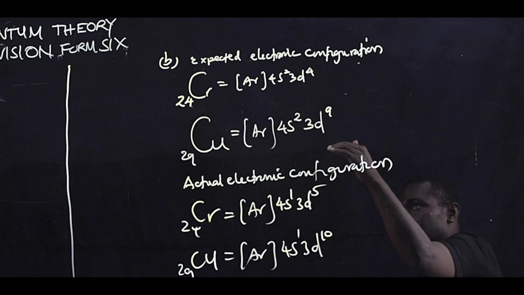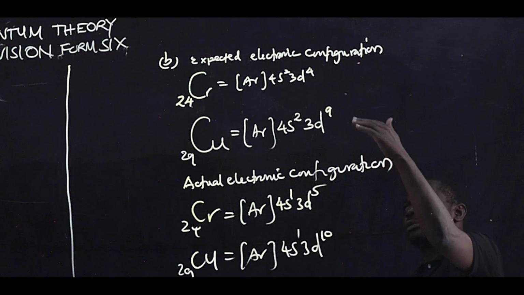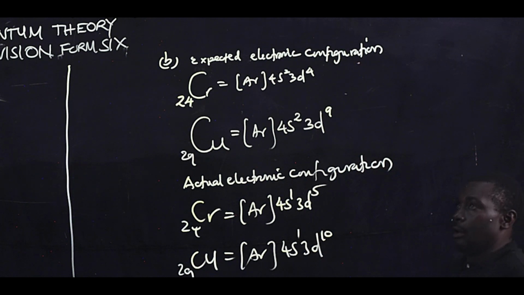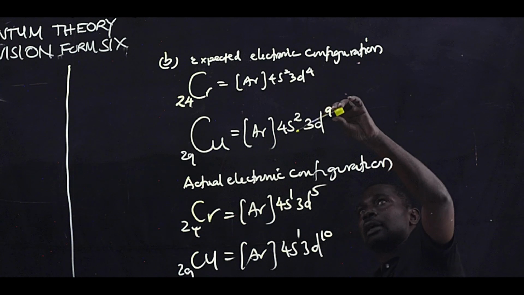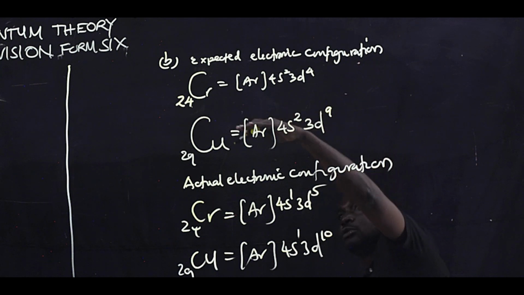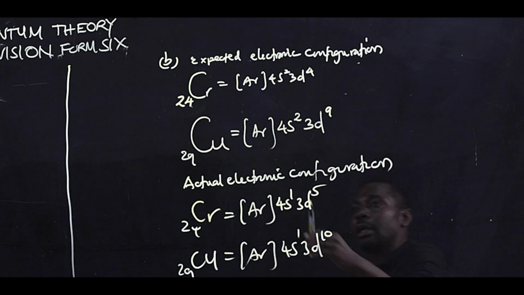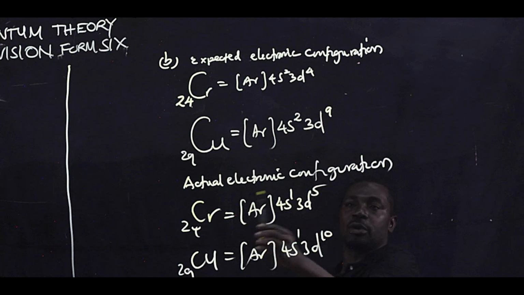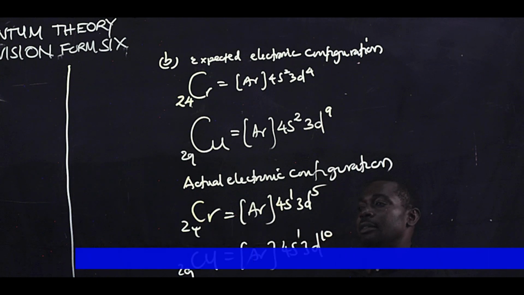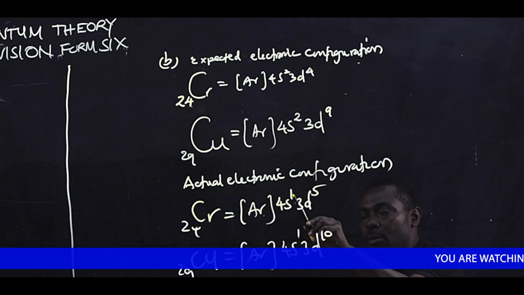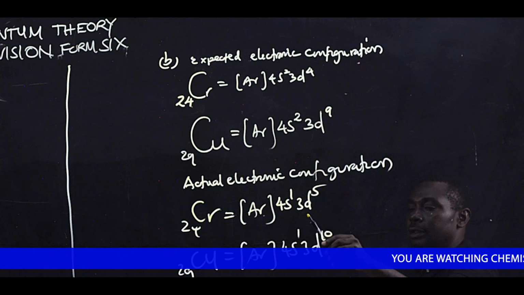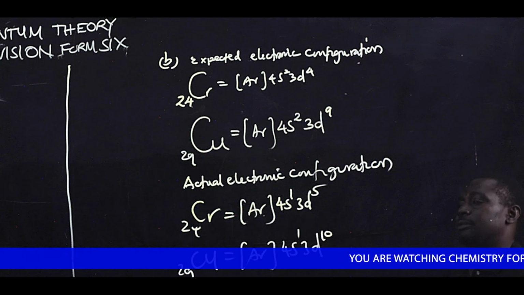And the actual ones, written according to knowledge of quantum numbers, account for the unusual electron configuration of these two elements. For the actual electron configuration, chromium is shortened by the noble gas, and 4s accommodates 1 electron, 3d accommodates 5.